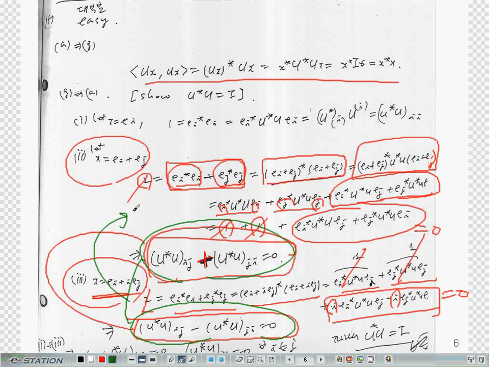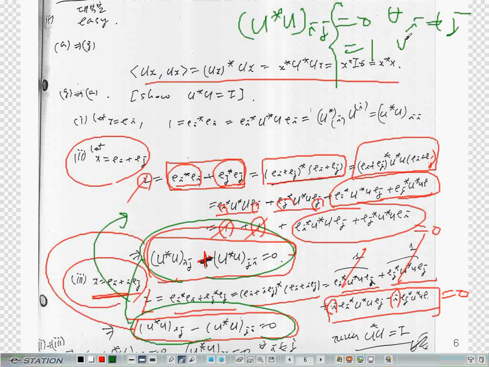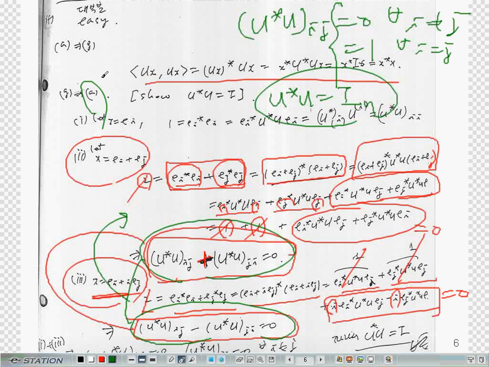we can have all U*U ij is equal to 0 for i, j that are distinct. Okay, so we have here for all like this. But that means this matrix is identity. That's the definition of unitary matrix. That's part A done.